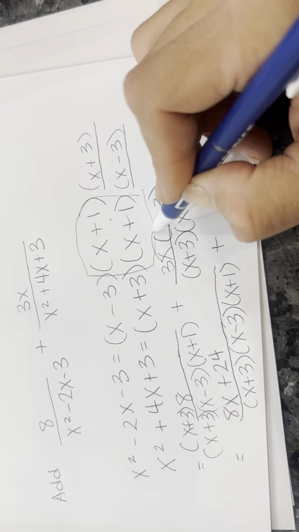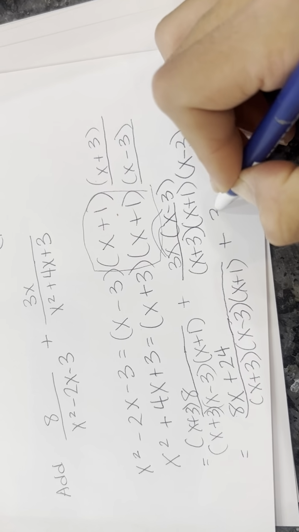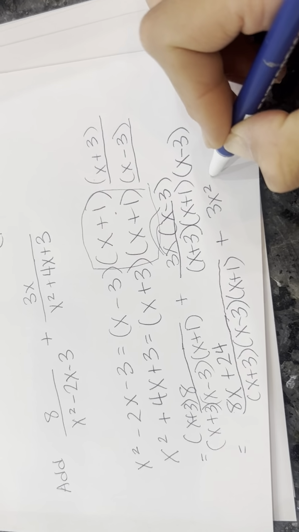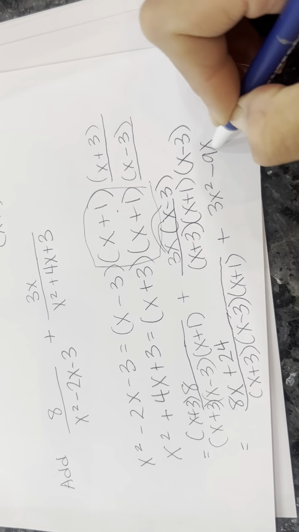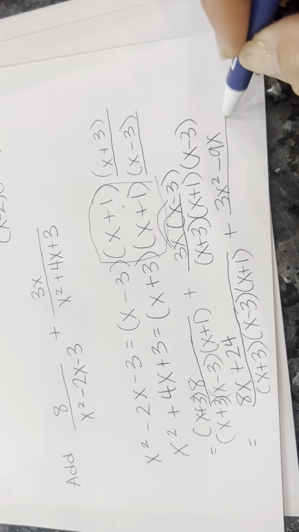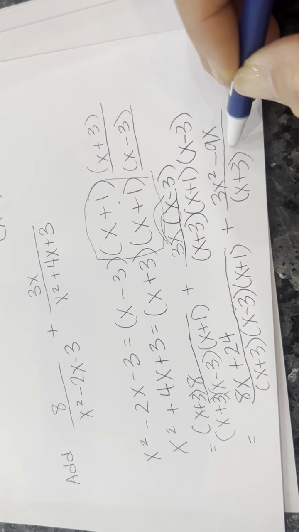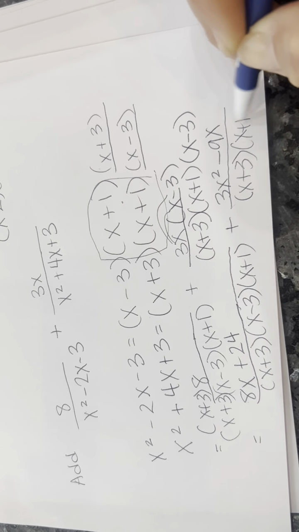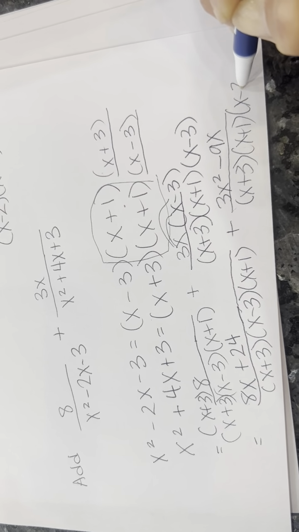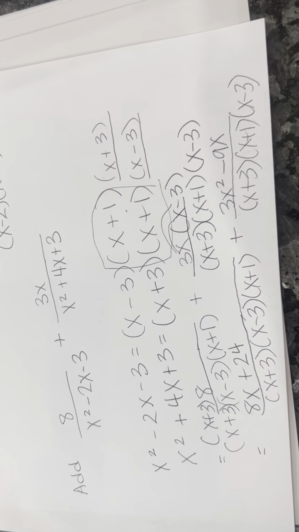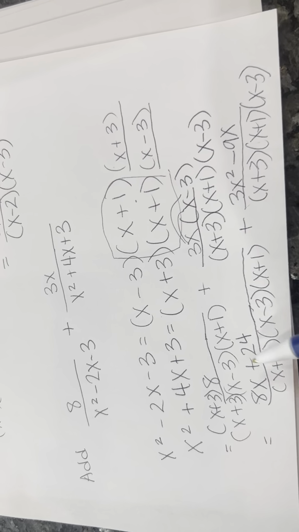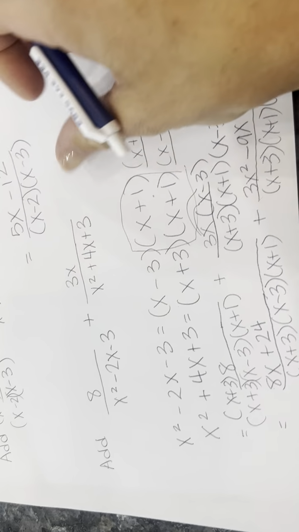Plus, okay, I'm using that distributive property here as well, so I get 3x squared minus 9x. That's going to be over x plus 3 times the x plus 1 times x minus 3. Okay, so now I have the same denominator, so I can go ahead and add my numerators together.